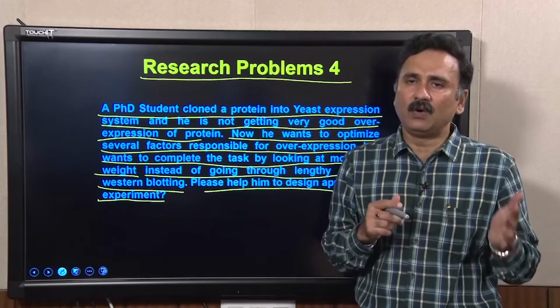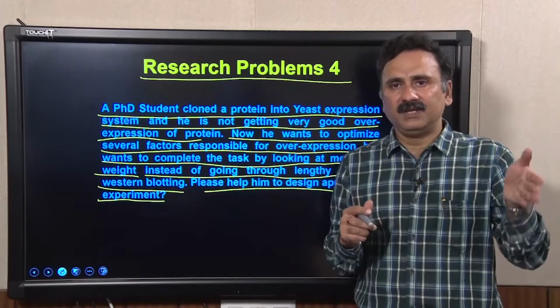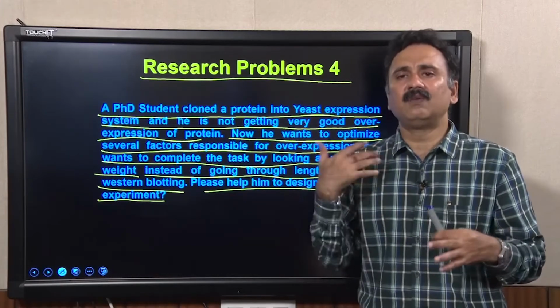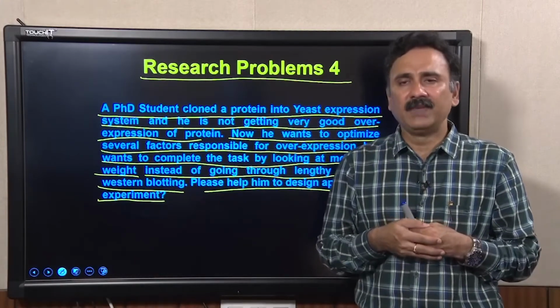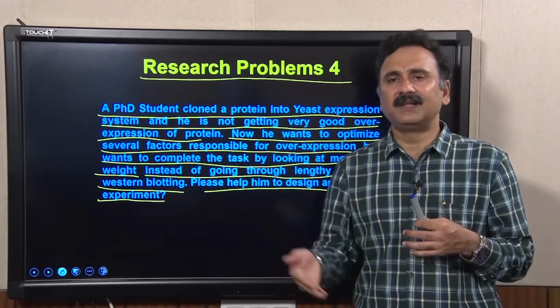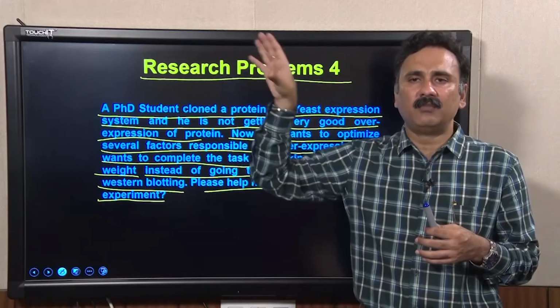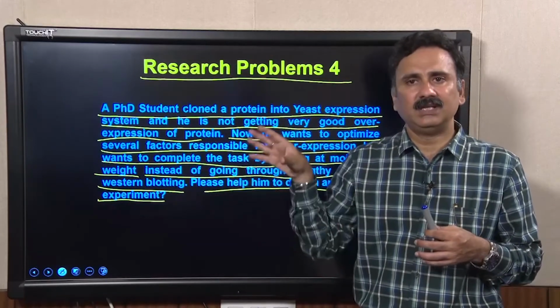So he is looking for a staining procedure which is going to be much more sensitive compared to Coomassie Brilliant Blue, so that he can use that sensitive method to know whether he is getting a protein of that particular molecular weight in the gel or not.